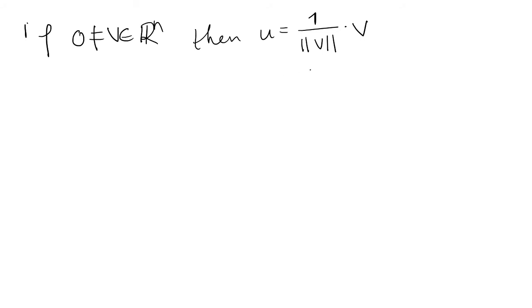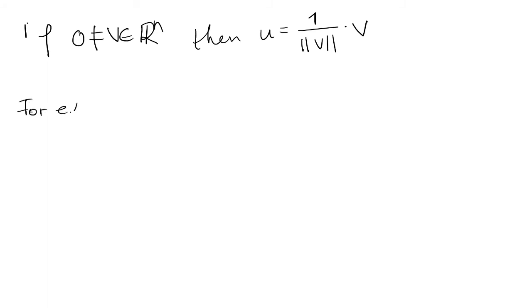So we obtain the same vector, so to say, just with norm 1. The length is now 1, but it's essentially the same vector, besides that the length is different, because it is in the same direction. I can give you an example.